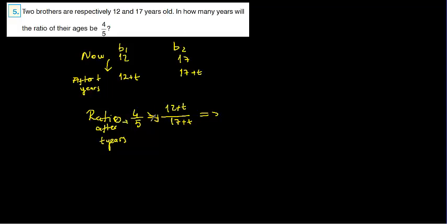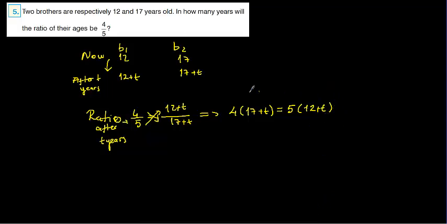We can solve this kind of question using only the cross product. So I'm going to multiply 4 times 17 plus t will be equal to 5 times 12 plus t, not 7.